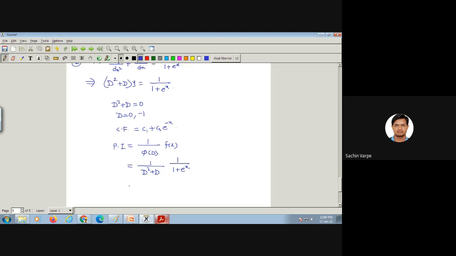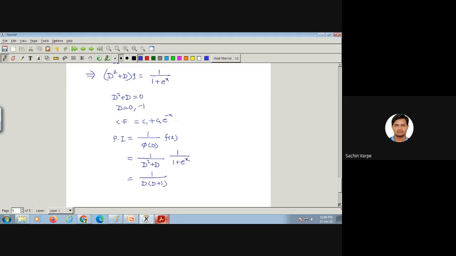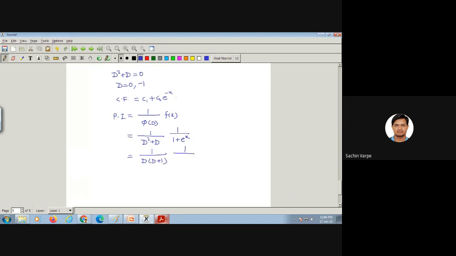Isn't it? That can be written as 1 upon D into D plus 1, into 1 upon 1 plus e raised to x. Yes? So what we do, we can separate these two operators with the help of partial fractions here. So this will be equal to A upon D plus B upon D plus 1, into 1 upon 1 plus e raised to x.